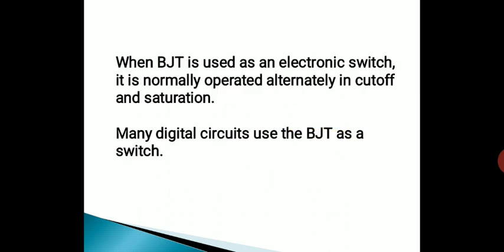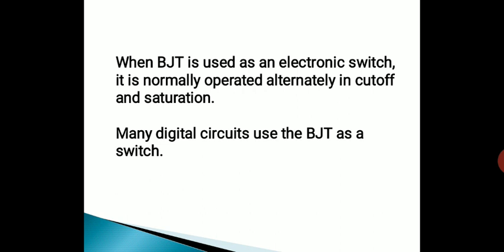That's what we are going to study in this lecture. As I already told, when BJT is used as an electronic switch, we operate it alternately in cutoff and saturation mode, and many digital circuits use BJT as a switch.